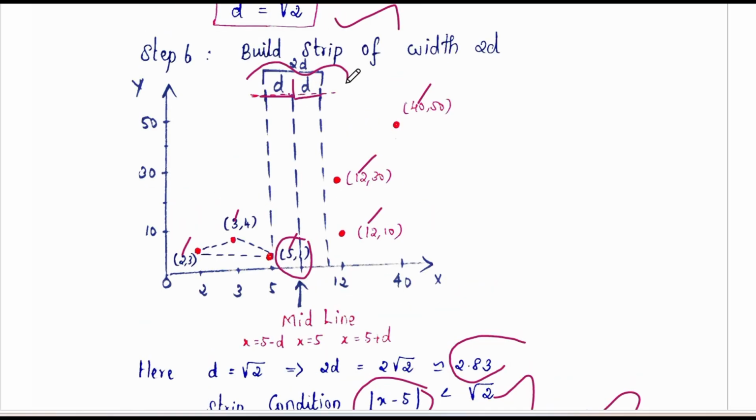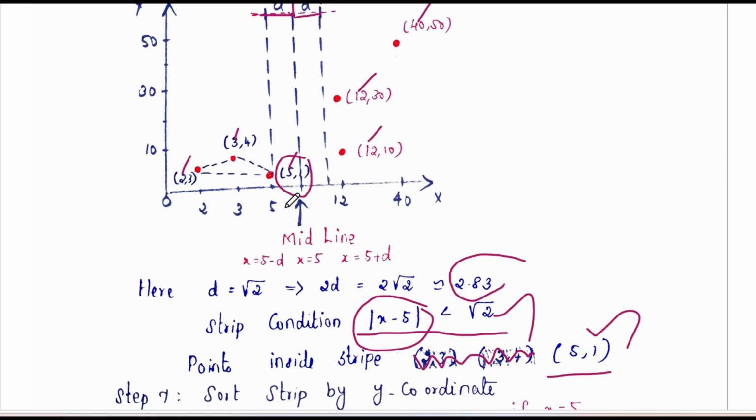Okay, build a stripe of width 2d. Here the point 5 lies in this stripe. So this is 2d, right?